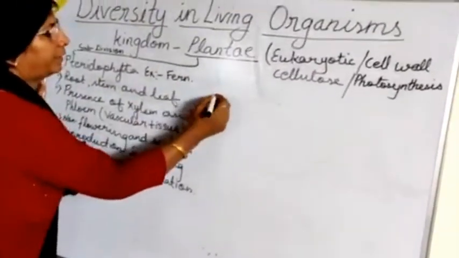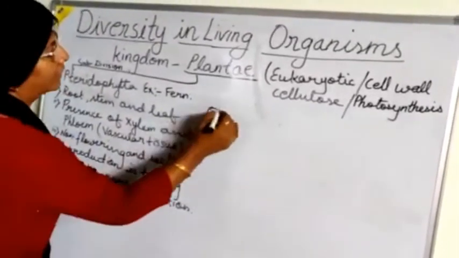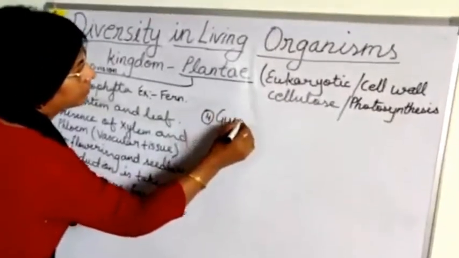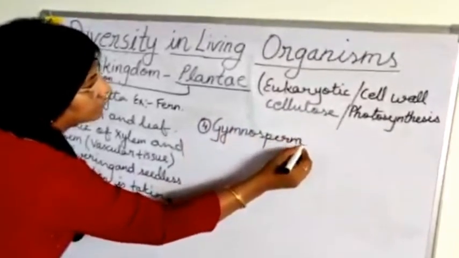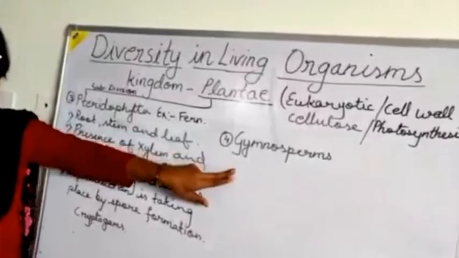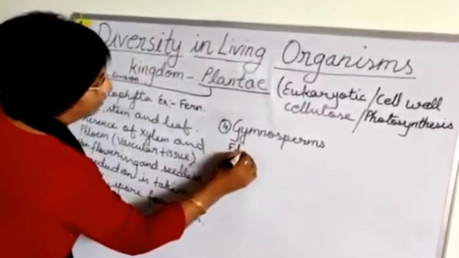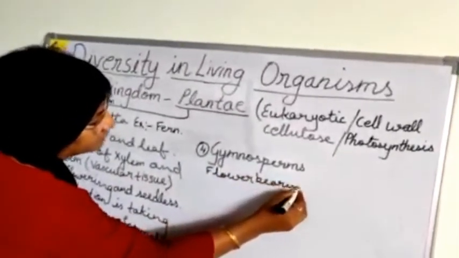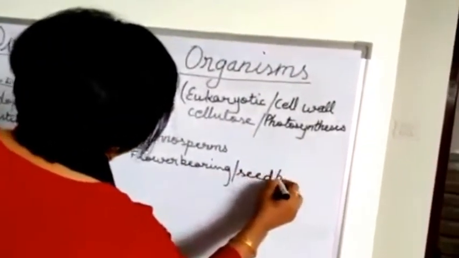So already the fourth one which we are going to get is the Gymnosperm. Gymnosperms. Okay. Now if we are going to take the gymnosperms, what does that mean? It is flower bearing and seed bearing.